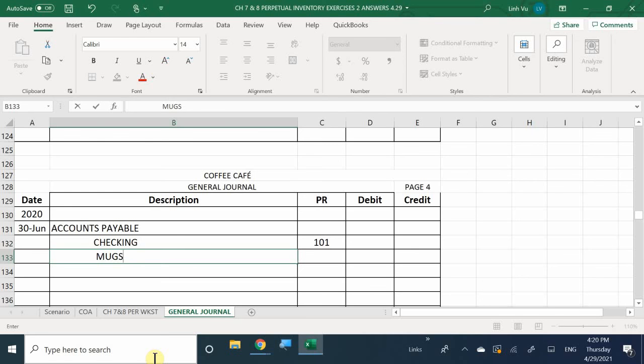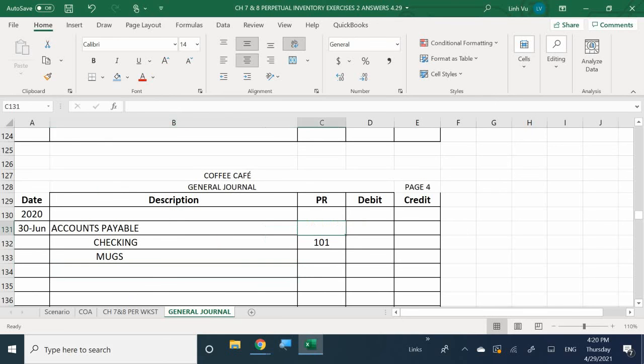Because I should receive a discount off of my purchase, should come right out from my inventory, right? Because I paid for the mugs, I paid them at a lower price. So therefore, I need to adjust my inventory to reflect that I got a discount off of that mugs. Okay? So let's go ahead and figure it out. Let's start with my accounts payable, and then we'll talk about the mugs in a second.